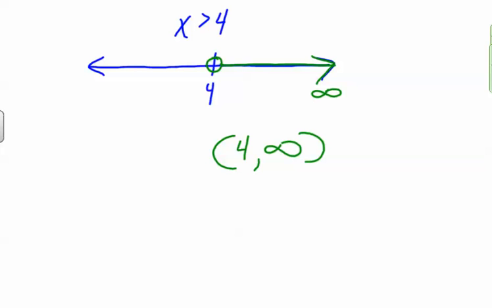This is interval notation, and it's showing the group of numbers going from 4 to infinity, however not including 4. You may notice that I'm using that same symbol for infinity. Think of it this way.